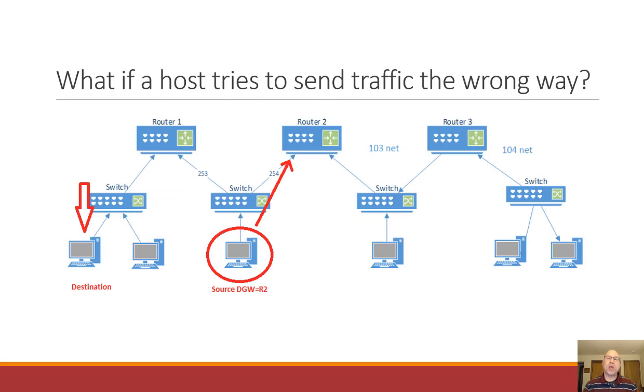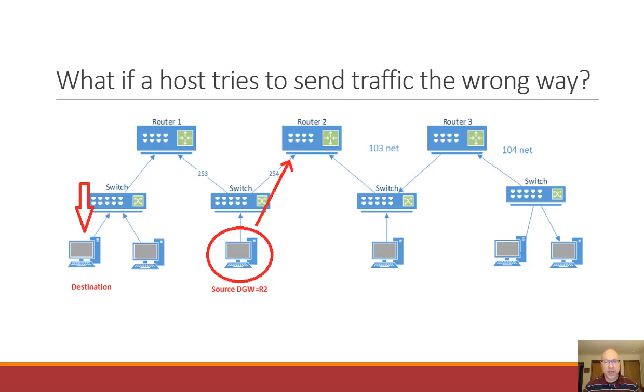What if a host tries to send traffic the wrong way? In this case, what we mean by that, if we take a look at the host in the middle that's circled, that host has as a default gateway router number 2. But it's trying to reach a host or a destination on the left-hand side of this topology, all the way back the other way.